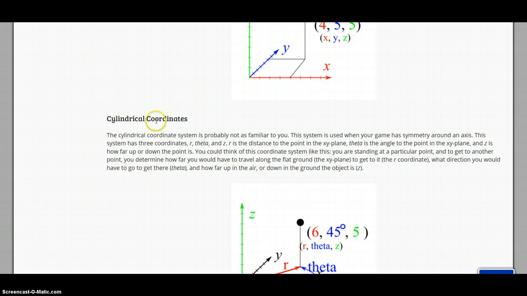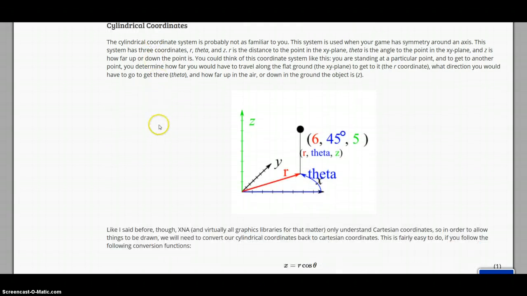There are also cylindrical coordinates, which also have x, y and z axes, but the x and y are represented by this r and also an angle, and the z coordinate is the same as in Cartesian.